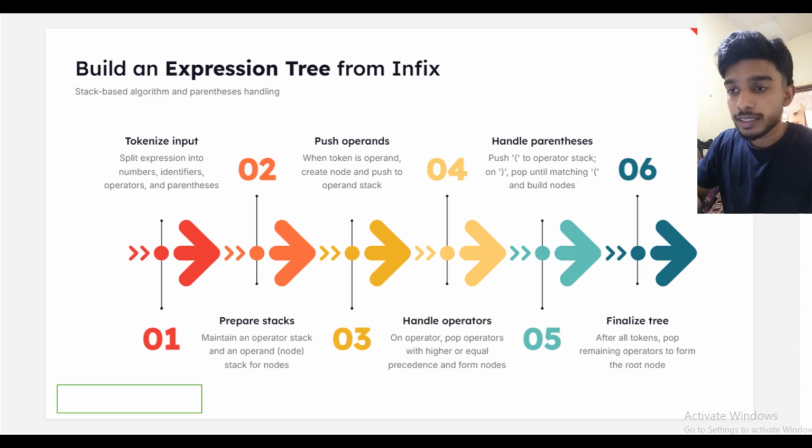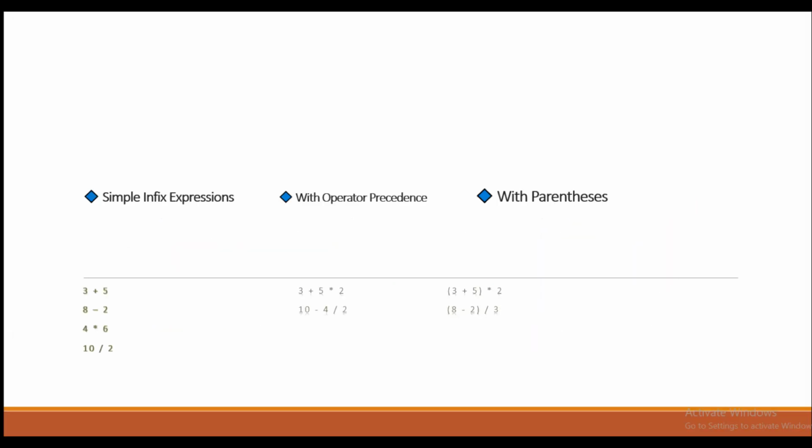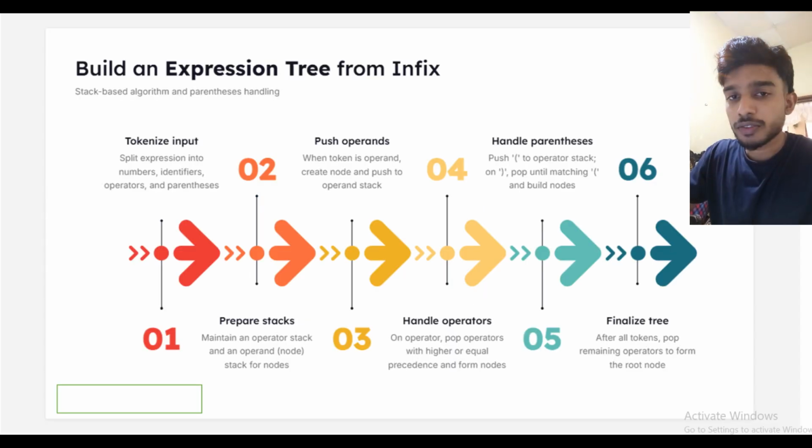How do we build this from a standard infix expression? We use two stacks, one for operators and one for operand nodes. This is the example for an infix expression. The process follows the diagram.